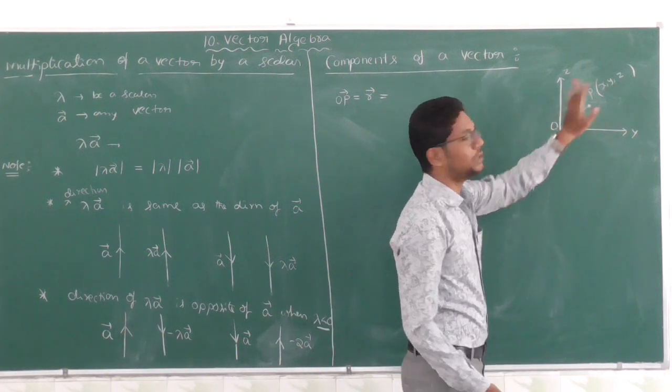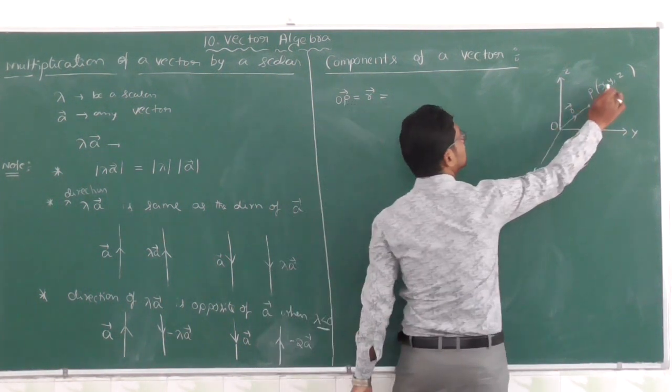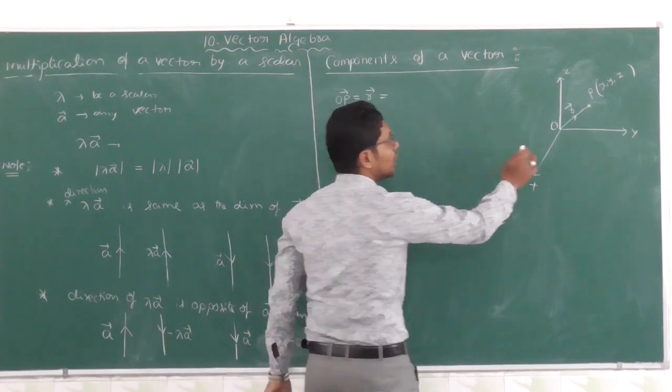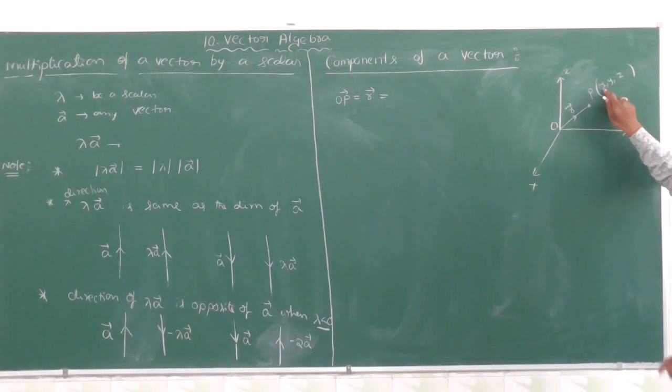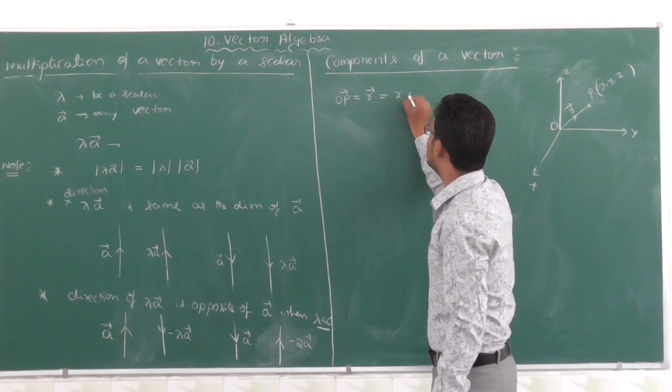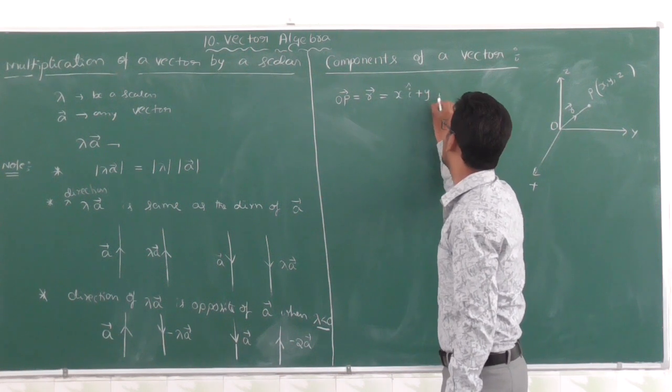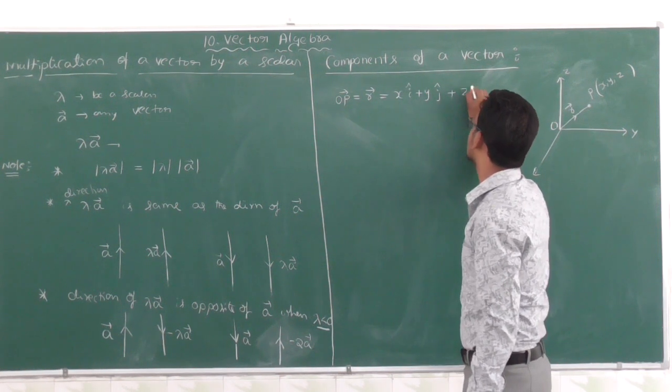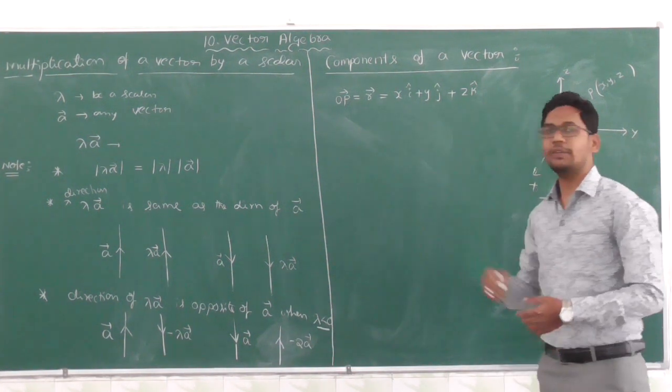How am I going to take it? You just listen. X, y, z will be x i cap plus y j cap plus z k cap. It is the vector form.